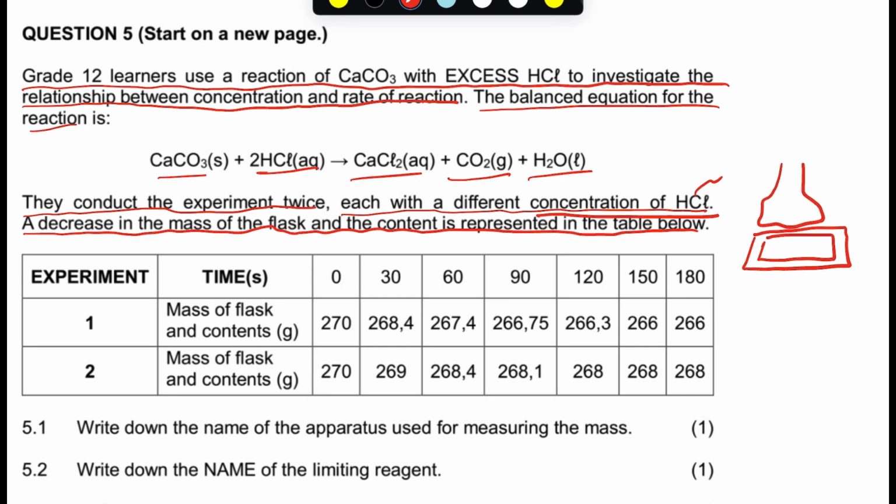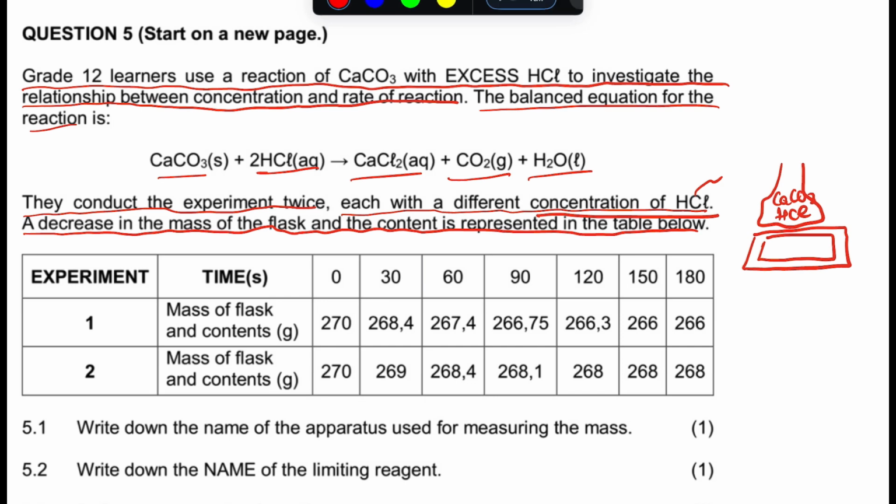Here there's calcium carbonate reacting with HCl, which was added there.